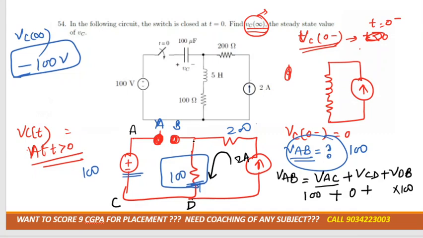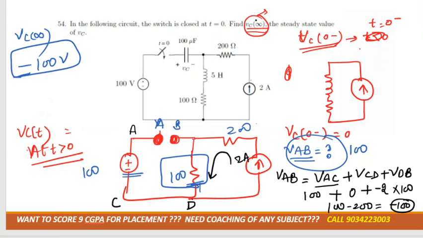Because you are moving from D to B and current is moving in the opposite direction. So it would be minus 200, because both are in opposite directions. So 100 minus 200 is how much? Minus 100. This is the answer.